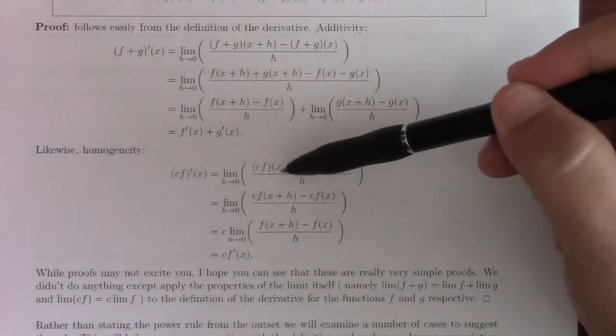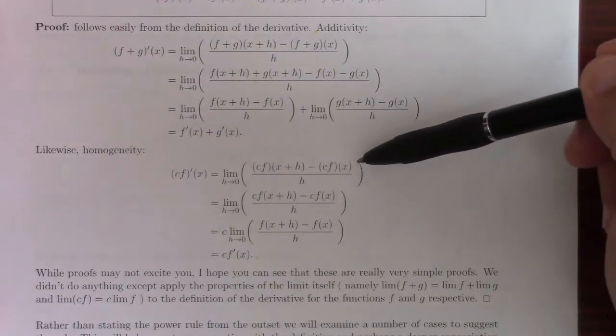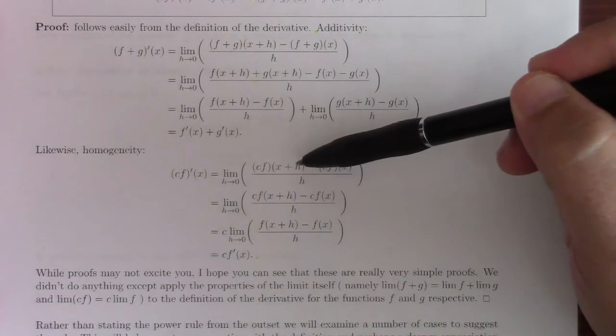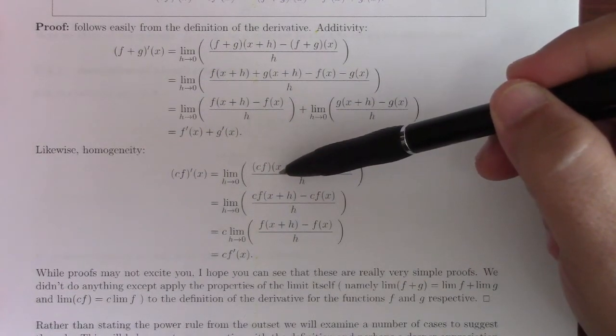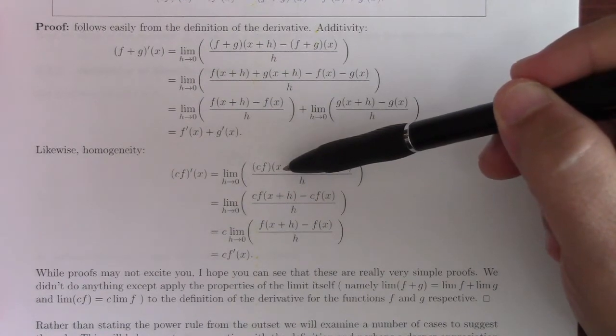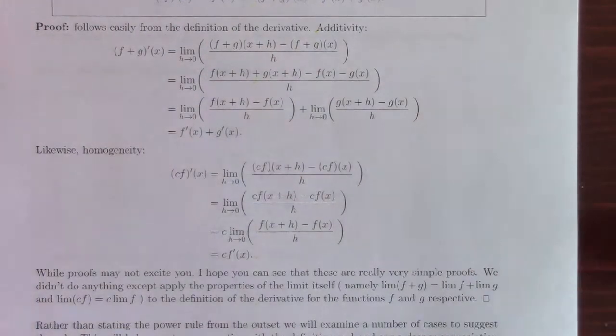And similarly for pulling a constant out, the difference quotient for a constant times a function is the constant times the difference quotient for the same function.